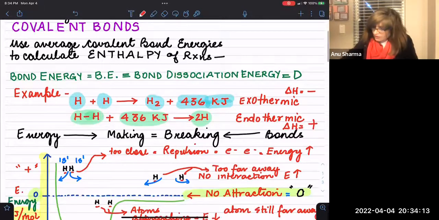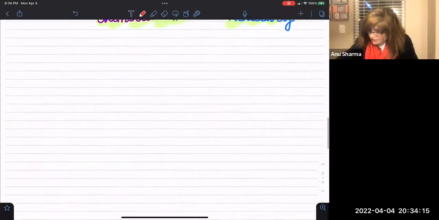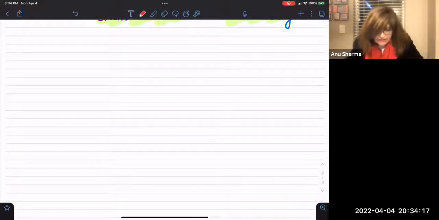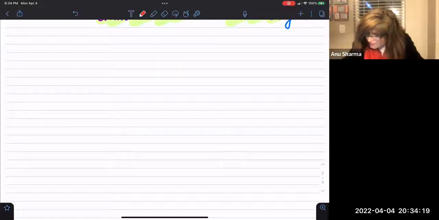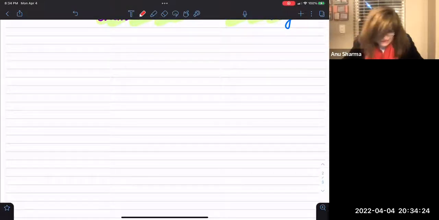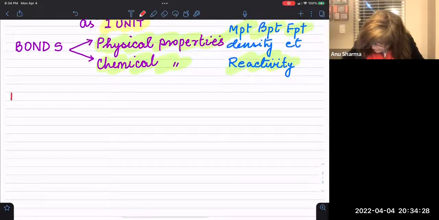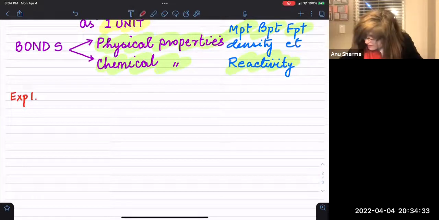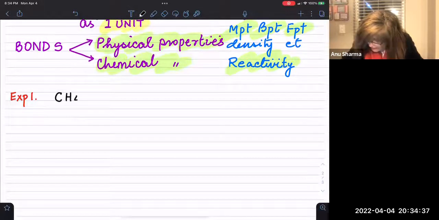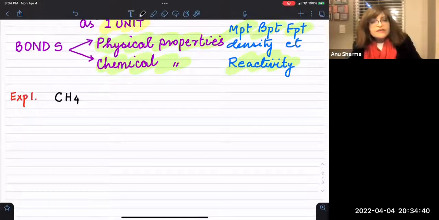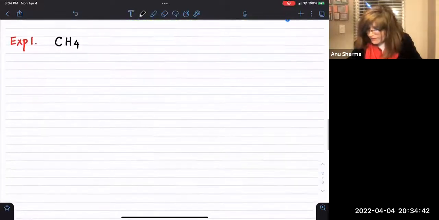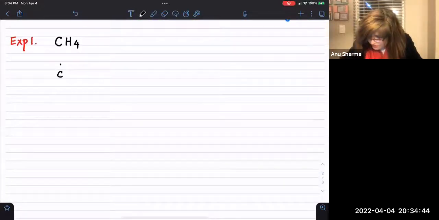Okay, now let's look at some of the scenarios here. The energy that is needed to make the bonds is the same amount of energy that is needed to break the bonds. Let's see first a few examples. Example 1: here we have CH4, which is methane. It's very important in this case that you make the right Lewis structure.